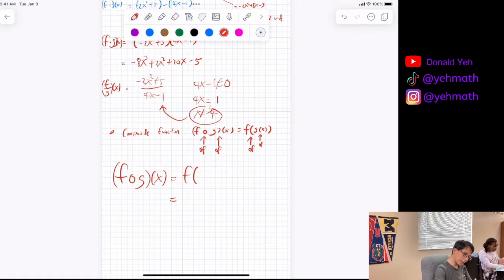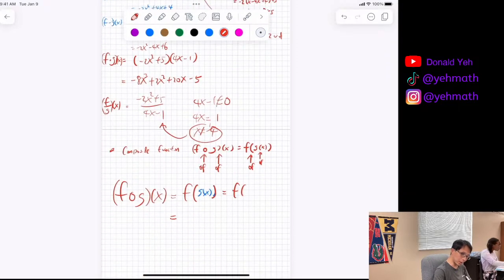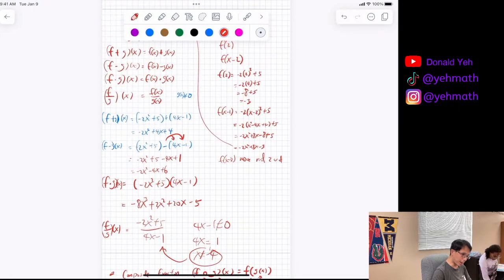Let me color code this. This is g of x. That's equal to f of, well, g of x we know is 4x minus 1. Is that okay? And we know how to do it now. We're going to go to f.